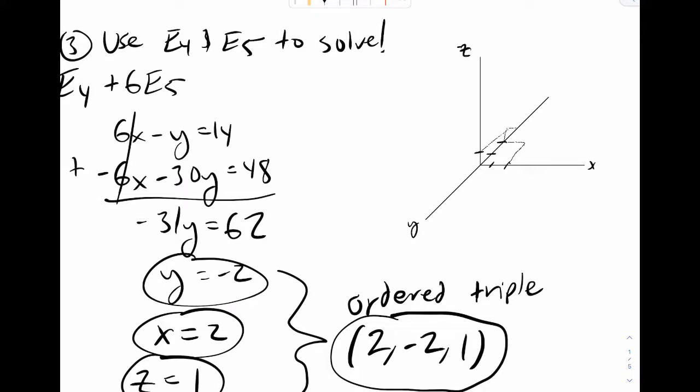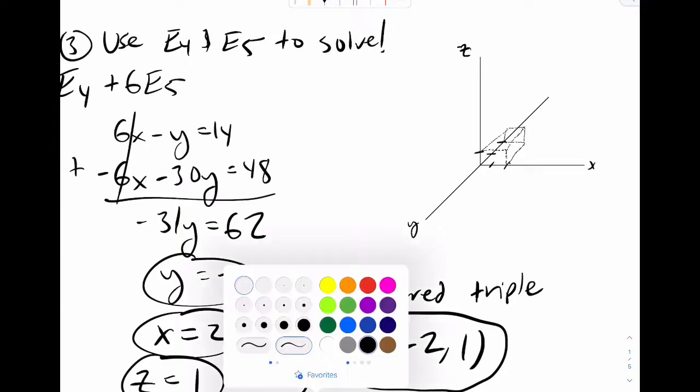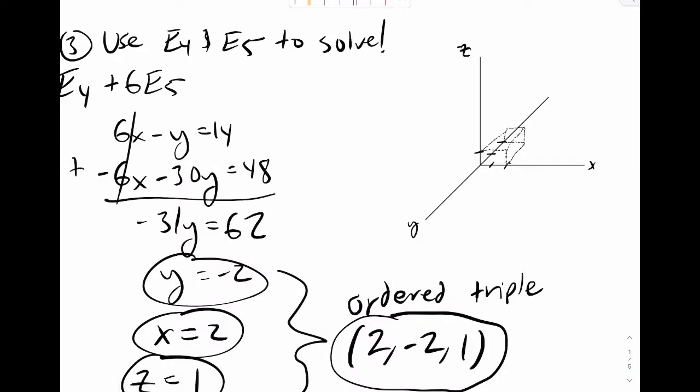So now I can make a nice rectangle like that. So notice how I'm basically just making a 3D box. And the 3D box is going to illustrate where this point of intersection is. And I can see right here, that's my 3D point, 2, -2, 1. So right there. And you'll practice this in your homework.